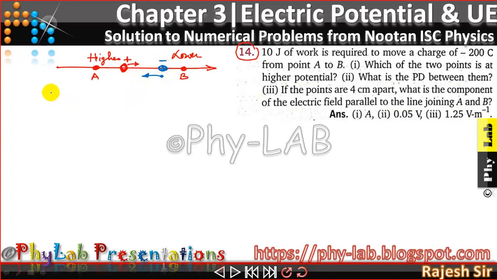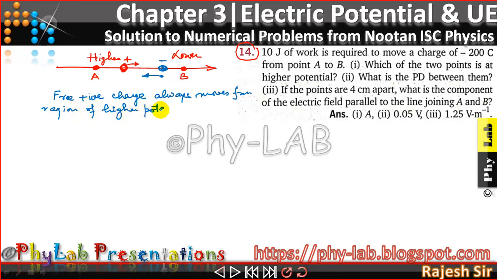So friends, one should know at this juncture that a free positive charge always moves from a region of higher potential to a region of lower potential.